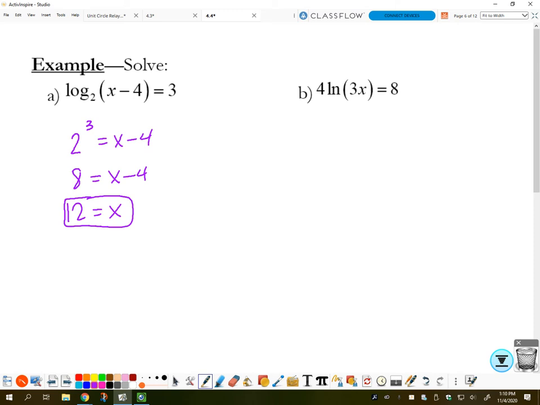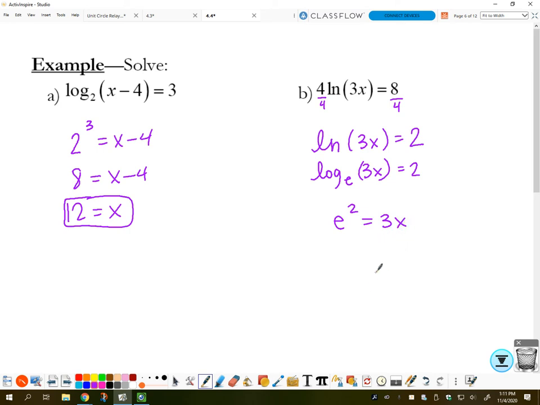Alright, so next one. We need the log by itself. So our first step is divide by this 4. So we have ln of 3x is equal to 2. Alright, now you're at the point where you need to write it in exponential form. Remember, ln is the same thing as log base e. So you're going to say e to the second is equal to 3x.